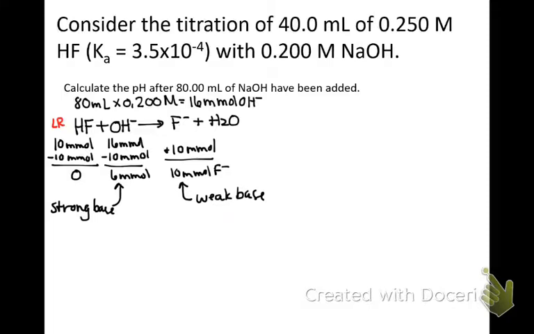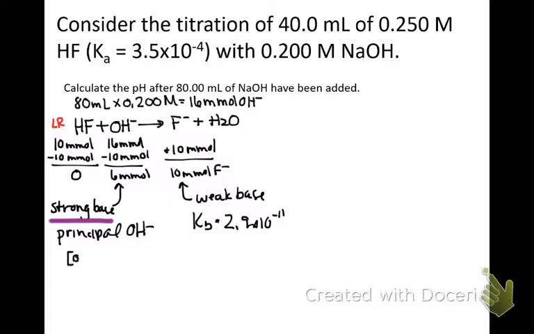It turns out that the strong base is going to be the principal source of OH minus. Remember, we found that the Kb for F minus is equal to 2.9 times 10 to the minus 11th. So this is a really weak base. It is not going to significantly contribute OH minus to the solution, especially not compared to the 6 millimoles of OH minus we have. Okay, so we're going to use that OH minus to calculate the pH.